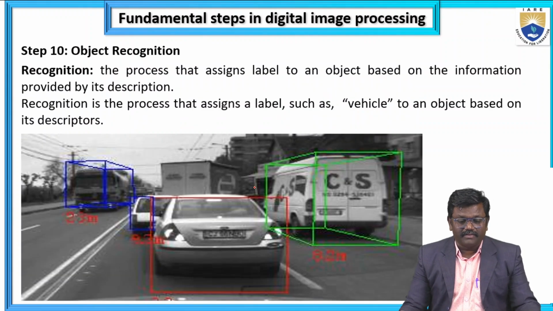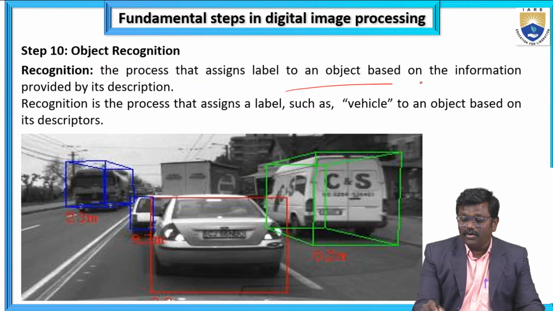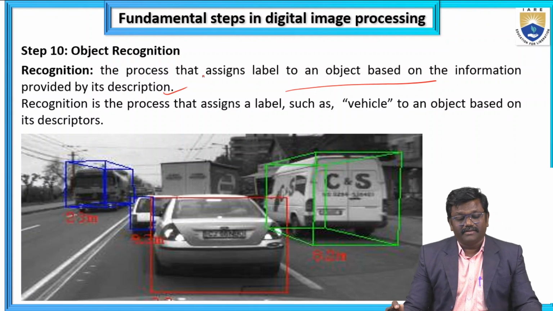Let us take an example at step number 10, that is object recognition. This process assigns a label to an object based on the information provided by its description.